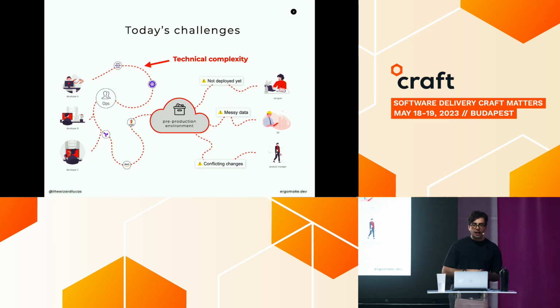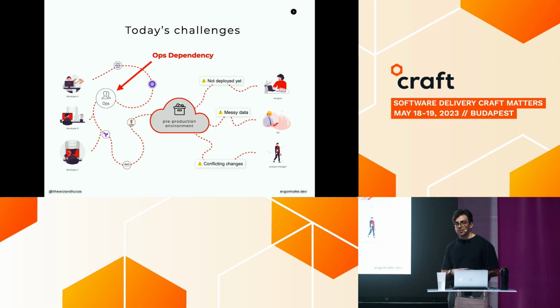You're going to have a lot of complexity that devs don't always understand, because even though we've been talking a lot about DevOps, developers need to understand the infrastructure on which things run. Well, we're not quite there yet, because we keep adding complexity to the stack, so it's pretty difficult to keep up with all that. So technical complexity is something that gates developers from being able to fully own their pre-production environment.